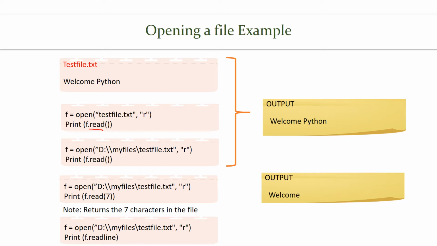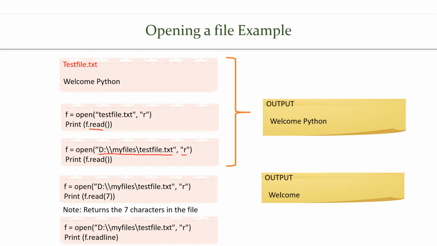The next one: if you want to specify a folder, for example in the D drive or some other folder which is available, we specify it like this, along with the access mode, and the same way f dot read. So this is the way that we open a file.